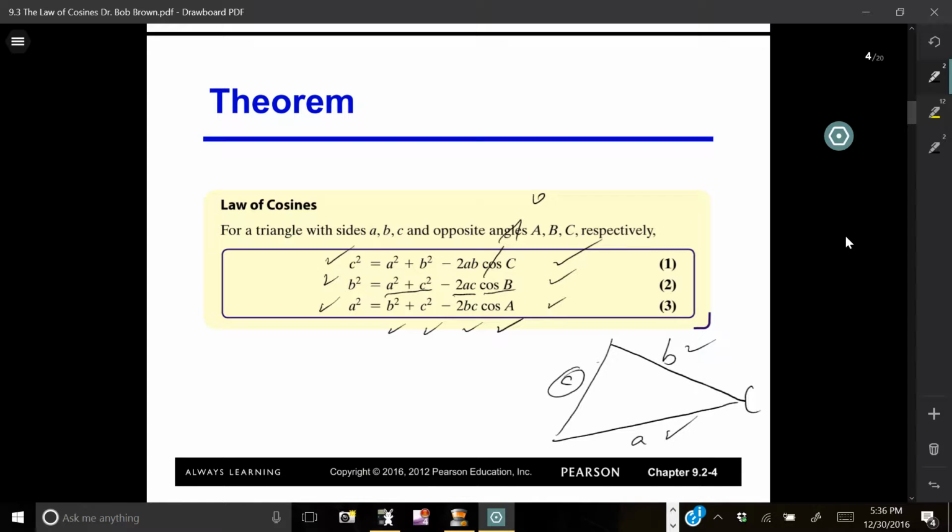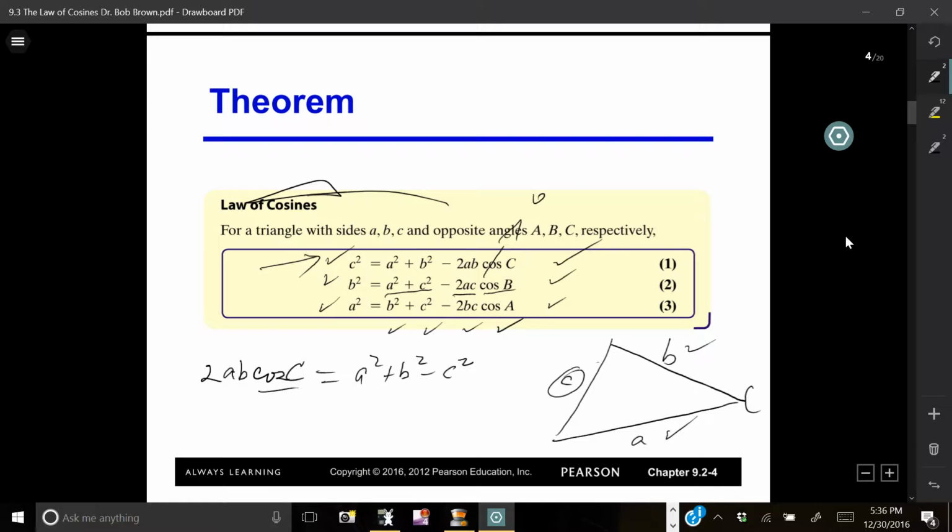Now notice that we can solve equation 1 for 2ab cosine of C, bring that over here, is equal to a squared plus b squared minus c squared.